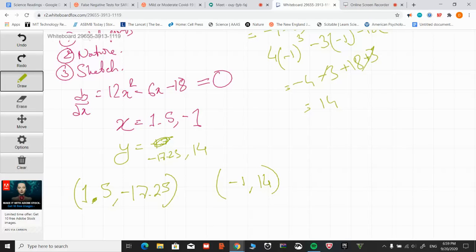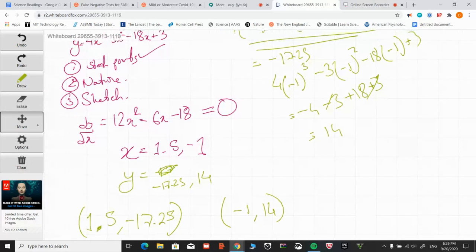Alright, so these are the 2 points that we just found. এখন we need to deduce যে কোনটা maximum কোনটা minimum. কি করতে হবে? Second derivative বের করতে হবে.